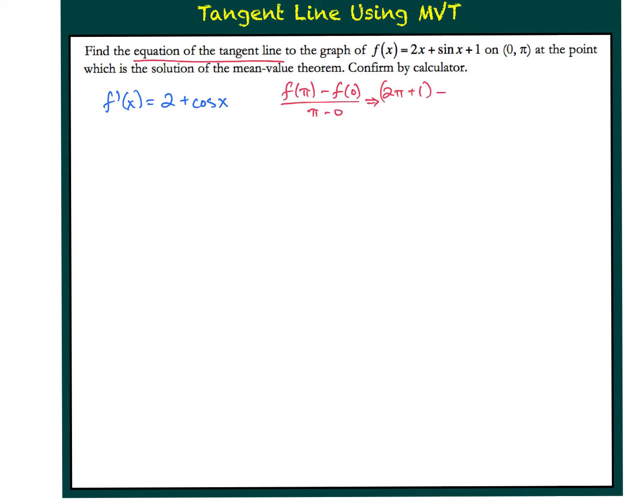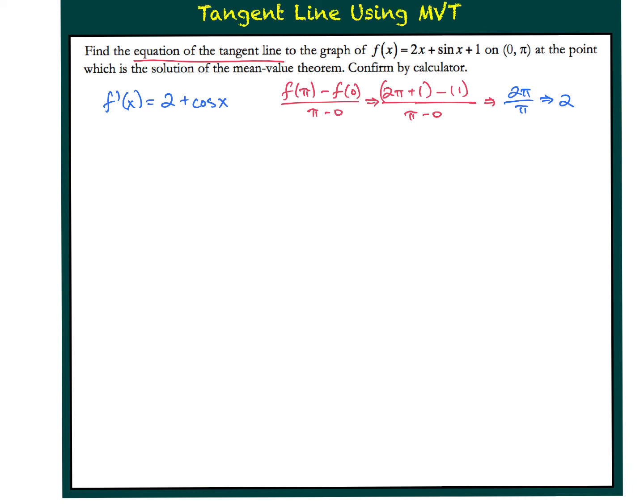Minus, now I'm going to substitute in 0. So 2 times 0 is 0. Sine of 0, 0. Plus 1 is 1. Pi minus 0. So what do I get up top? 2 pi over pi, which is 2. All right. So my algebra slope is 2.